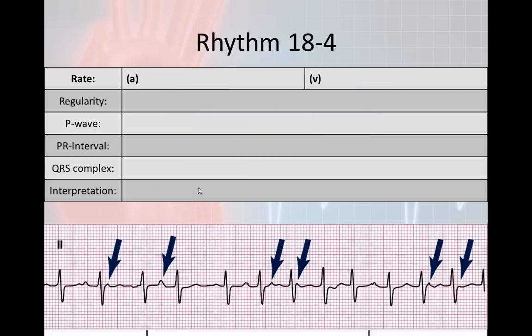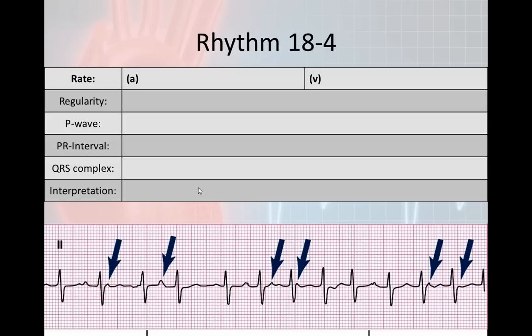This one's a little bit more difficult, and I'm not going to take the time to diagnose this one, and I'll tell you why. This one you would expect to find on a patient where it would be difficult to determine if this is atrial fib or multifocal atrial tachycardia. If you're learning this for the first time, I don't like to give really difficult strips because you can't learn how to do this properly by looking at a really difficult strip.